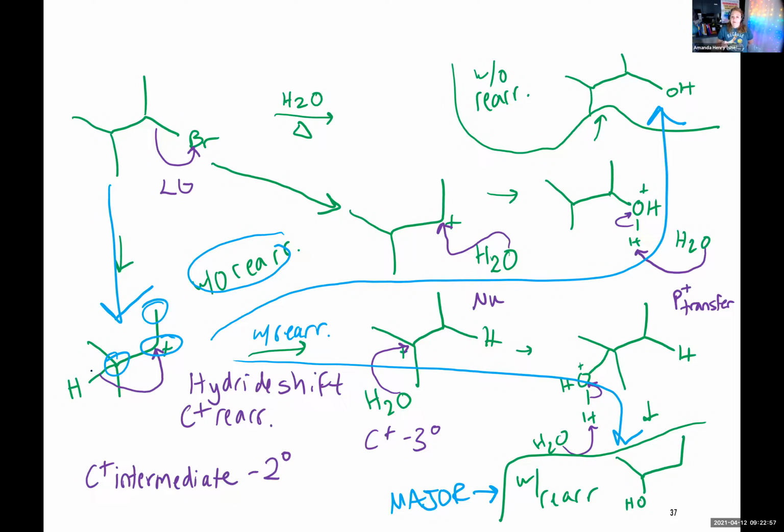It's bonded to 2 carbons, and that's what makes it secondary. And then there's our carbocation, 1, 2, 3. It's bonded to 3 carbons. That's what makes it tertiary. So we're just counting how many carbons it's bonded to. Anything else on that one? Okay.